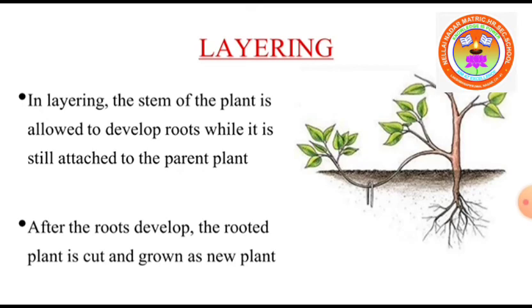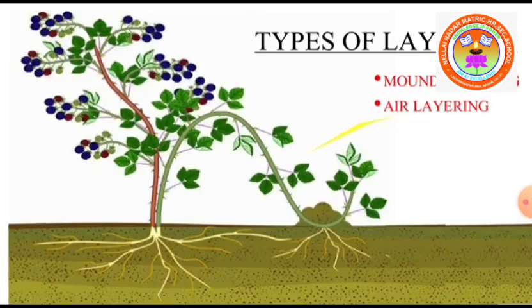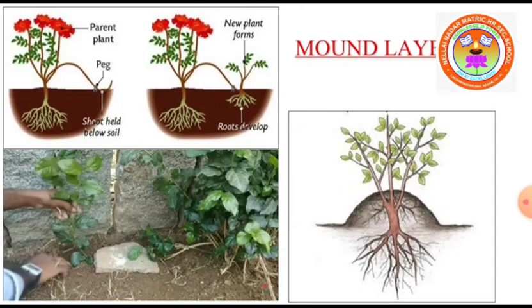Layering has two types, mound layering and air layering, by which horticulture produces many young propagules in ornamental plants. You can see the mound layering. This method is applied for plants having flexible branches.